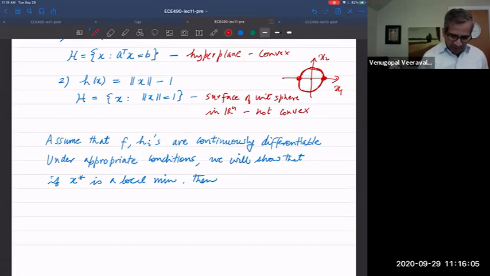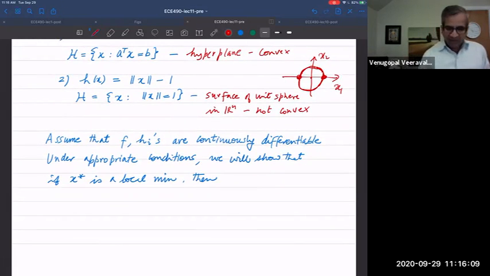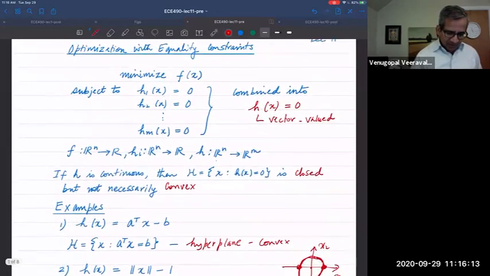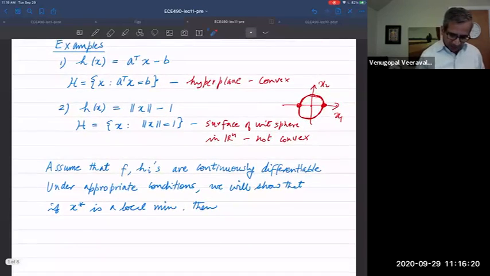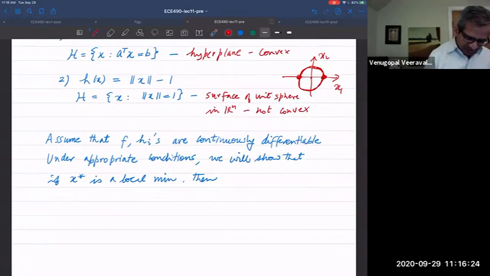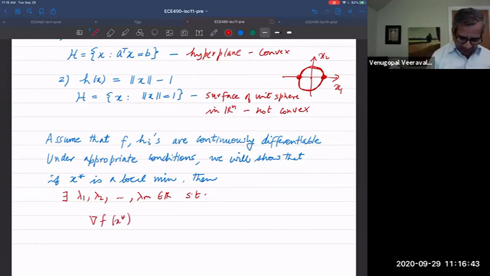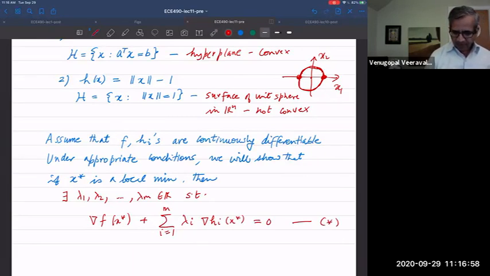And what we're going to show, and that'll be most of this lecture, is that if x star is a local minimum for this constrained optimization problem, then there exist the lambdas, which are called Lagrange multipliers, in R, such that the gradient at x star of f plus a linear combination of the gradients of the h's is equal to 0. I'll call this equation star.